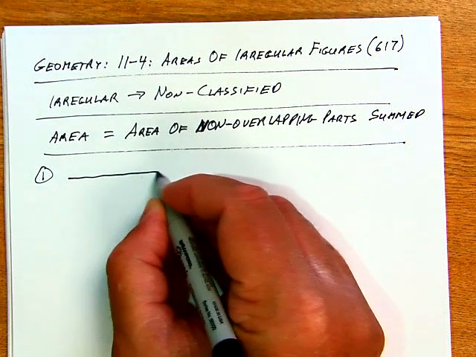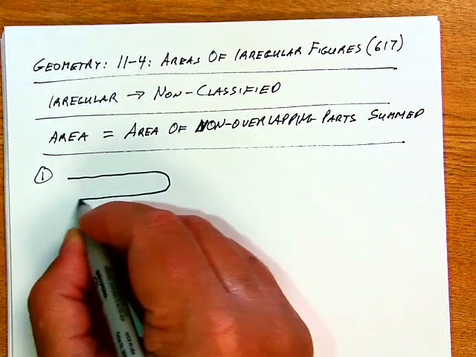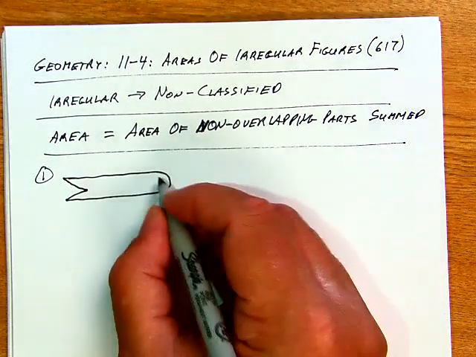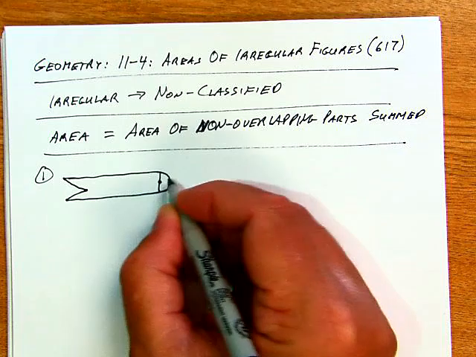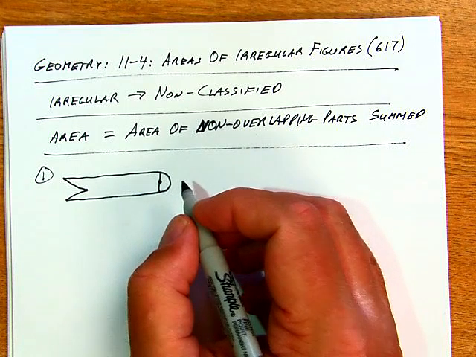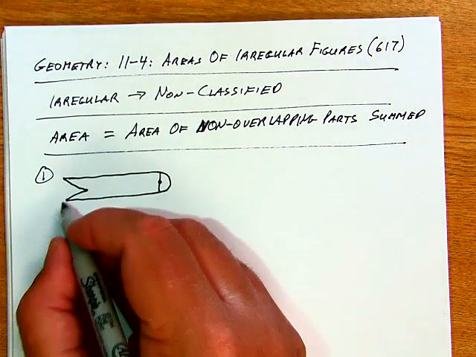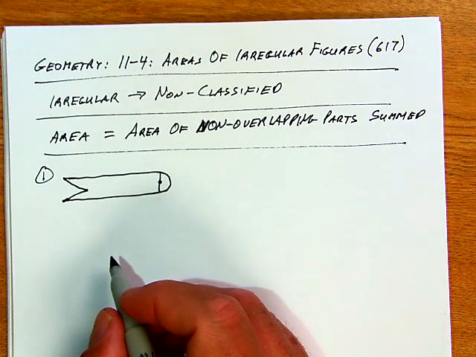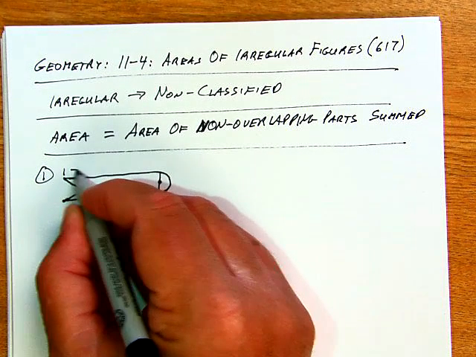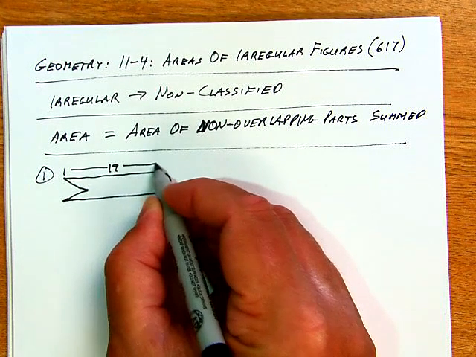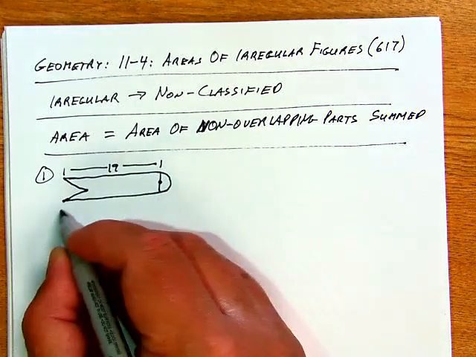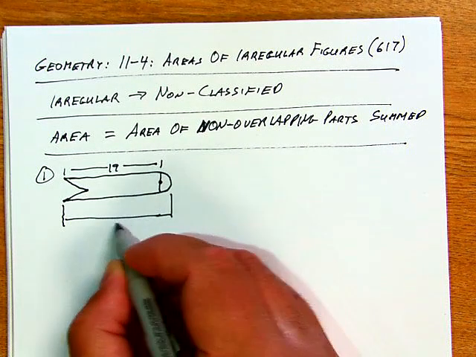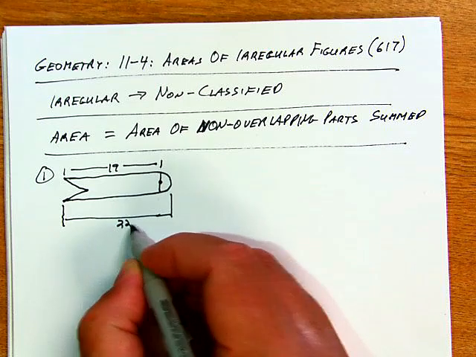If I have this rocket ship type of shape here, and I know that the cone of the rocket ship is at the end there, and this is perfectly the same length, and we know that this to here is 19. We know that all the way from the tip to the tail is 22.